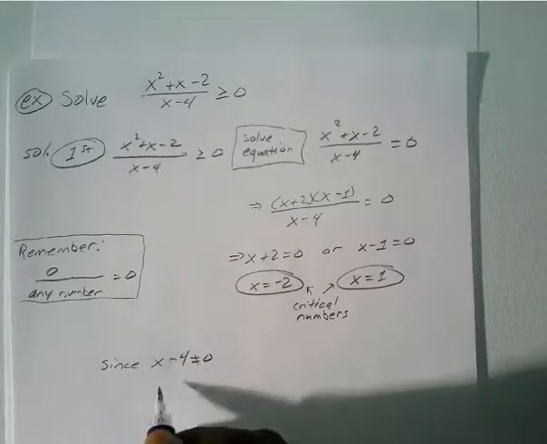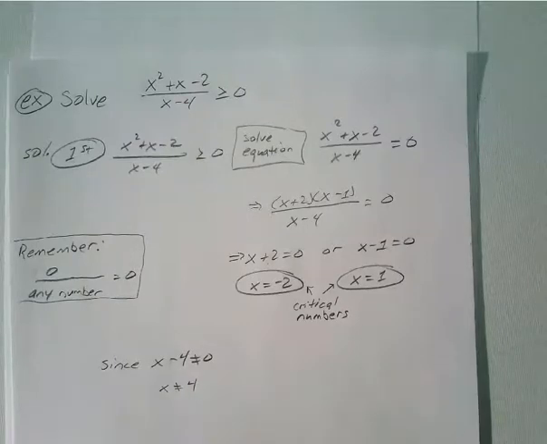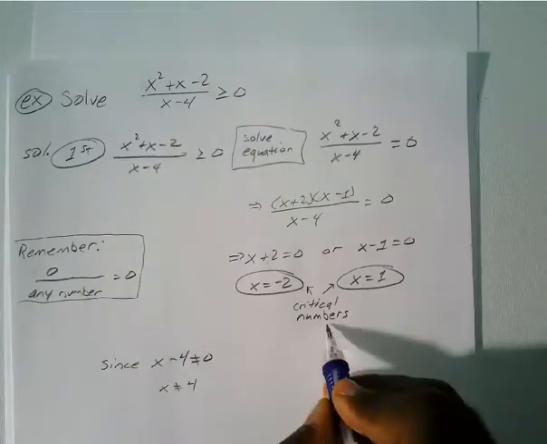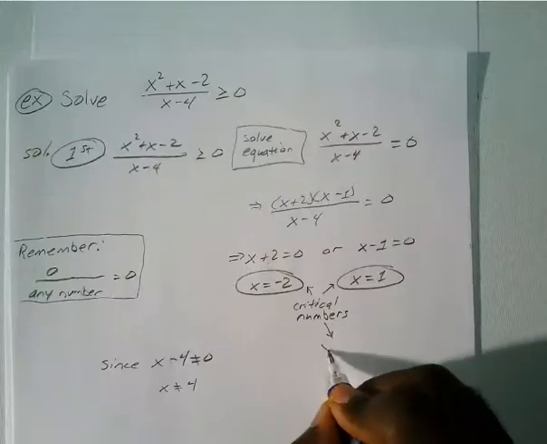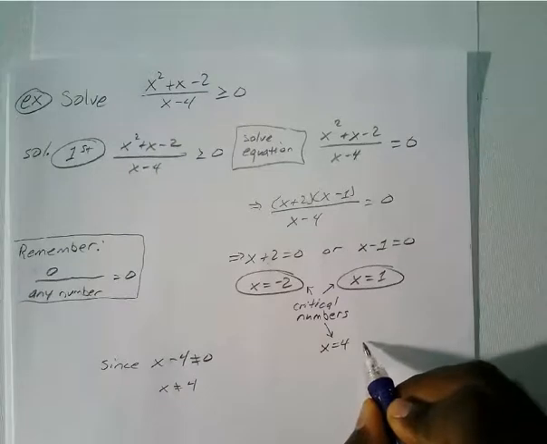If we add 4 to both sides, we know that x can't equal 4. So this lets us know that x equals 4 is also a critical number.